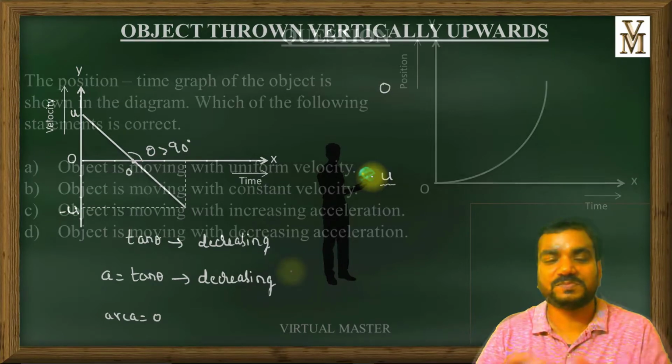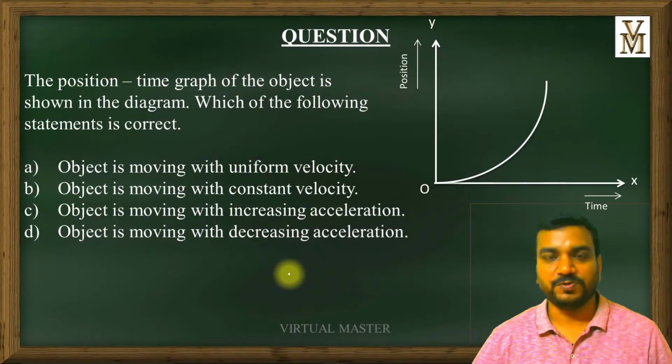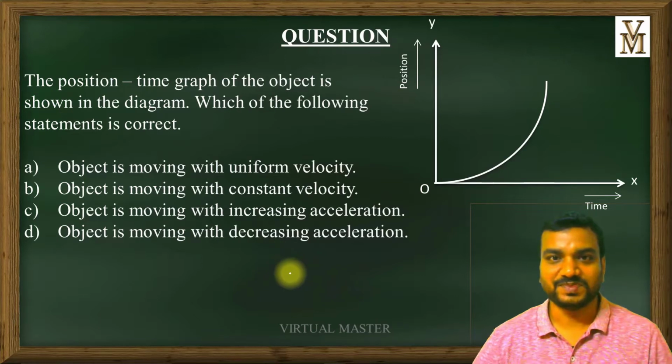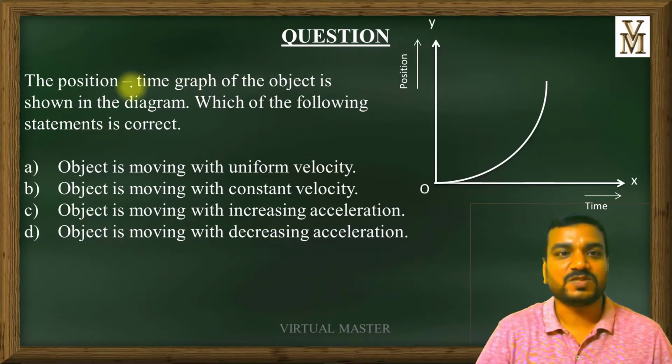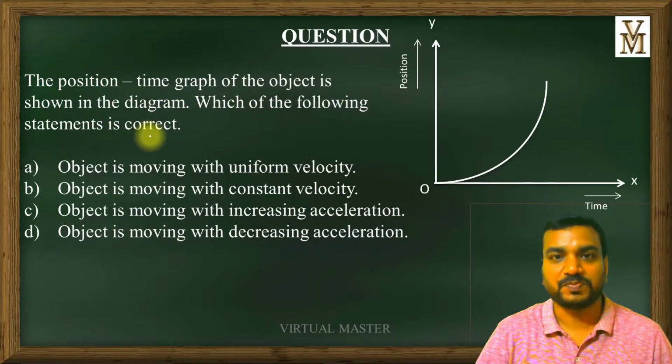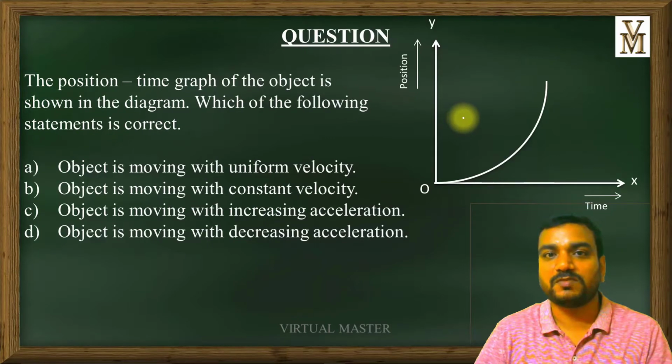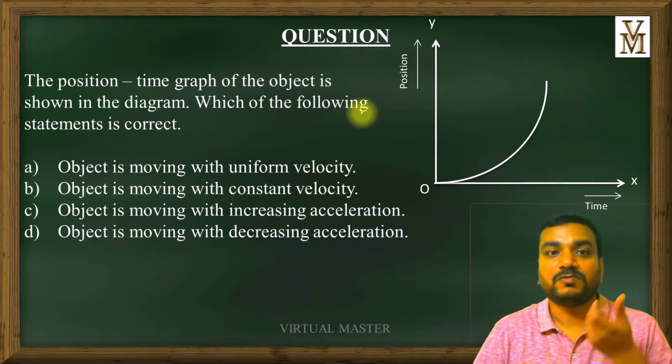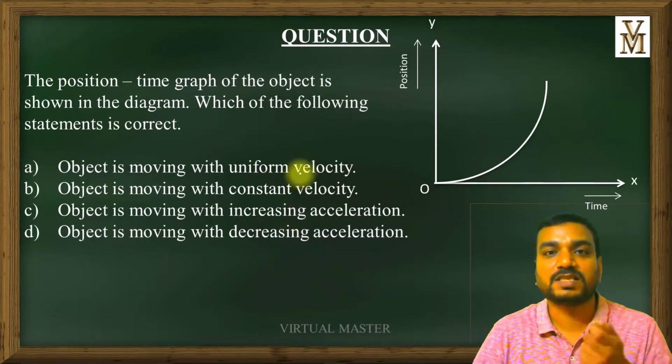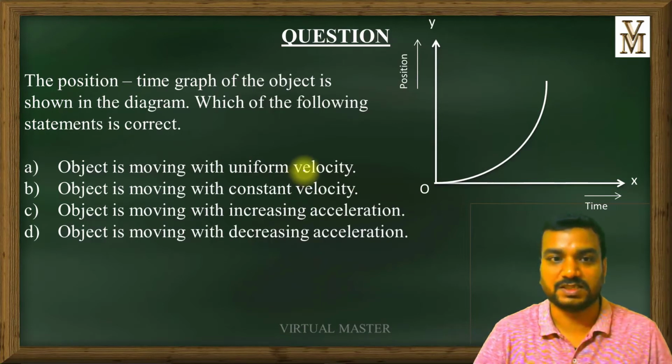Now we have a question for you, for which you have to give the correct answer in the comment section. The question is, the position time graph of the object is shown in the diagram. Which of the following statements is correct? A position time graph is shown here, and from the following statements, which one is correct, you have to write in the comment section.